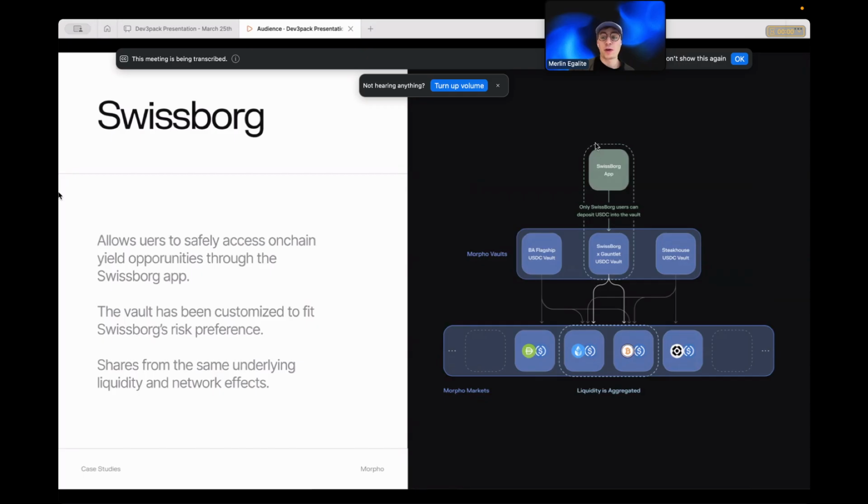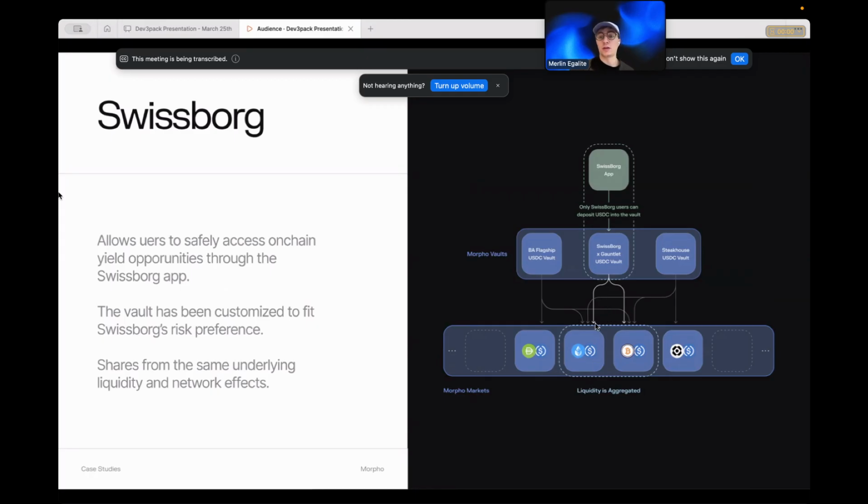So the cool thing about this is, as Swissborg, what they wanted is to have a dedicated vault with a very scoped risk exposure. They really care about their users, and they don't want their users to take much risk. So they only wanted to deploy the capital into markets that are very safe.